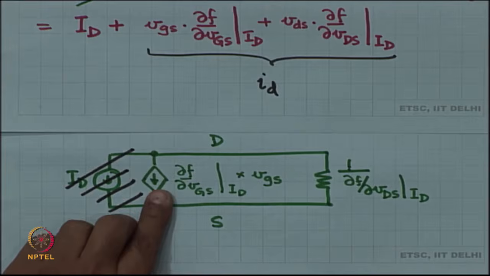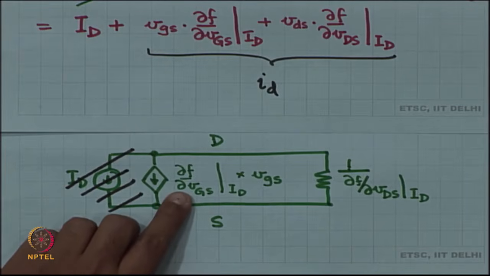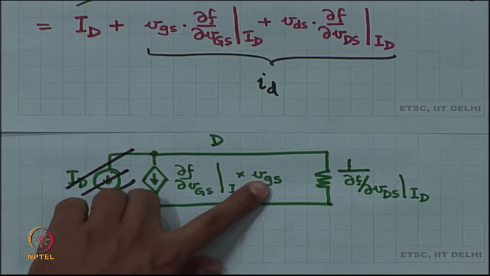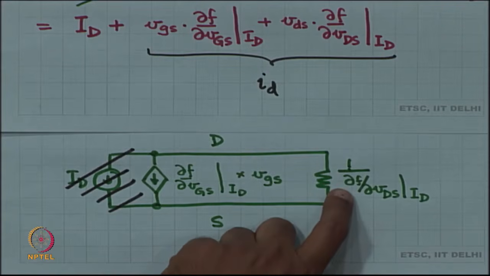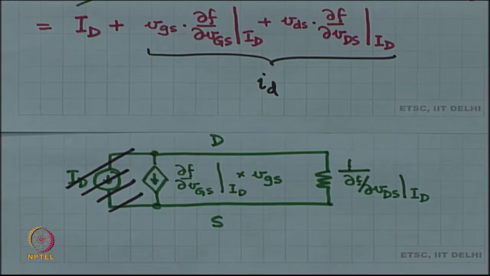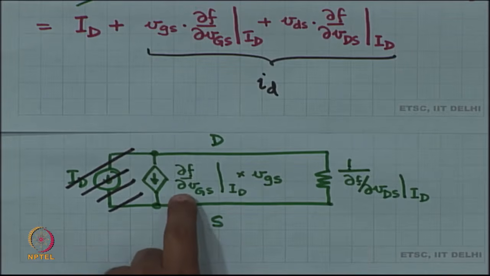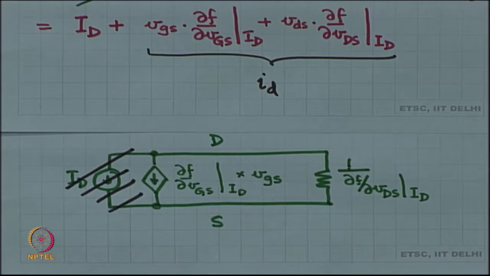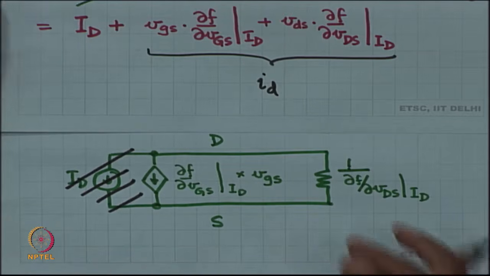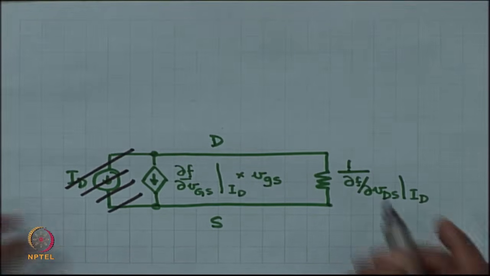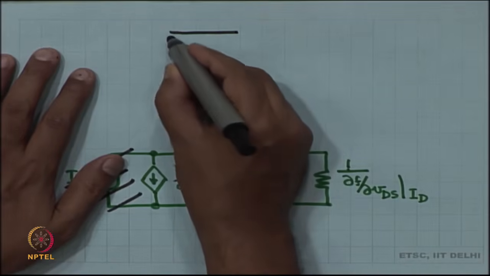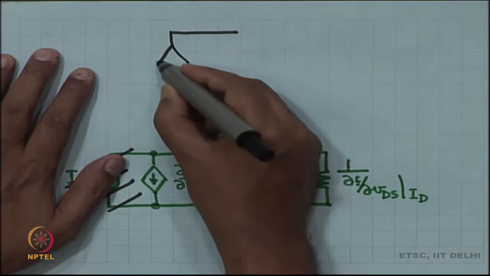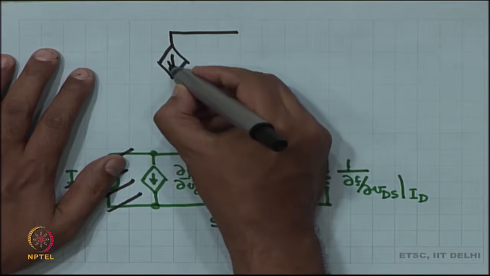One is a voltage controlled current source proportional to VGS, and the second is a resistor. And what are these two values? These two values are the slopes of the curve computed at the operating point. So, let us simplify this. The simplified version looks like this. This is going to be the model.